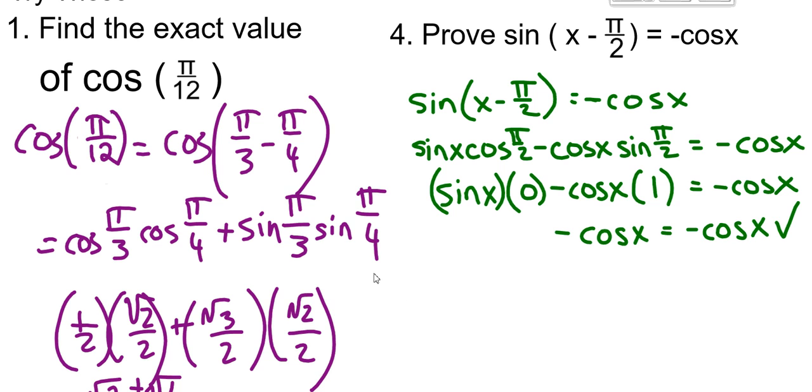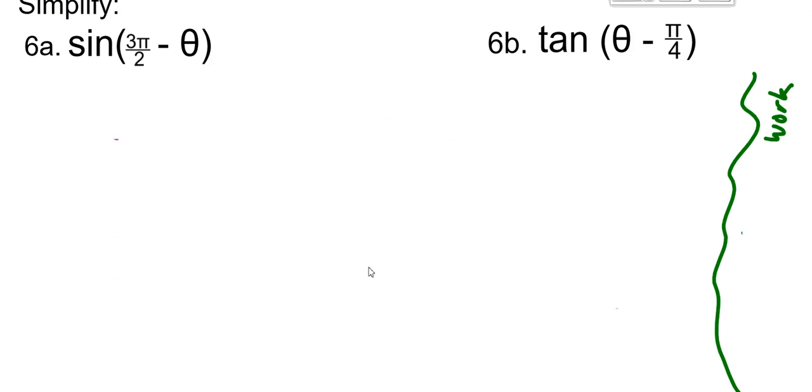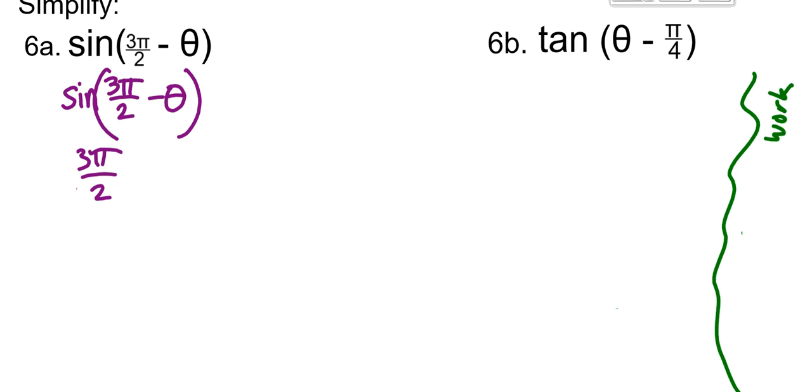Moving on. Number 6, same kind of situation. We're going to use a difference formula. So that's sine cosine minus cosine sine. And so substituting those, we get sine 3 pi over 2 cosine theta minus cosine 3 pi over 2 sine theta.